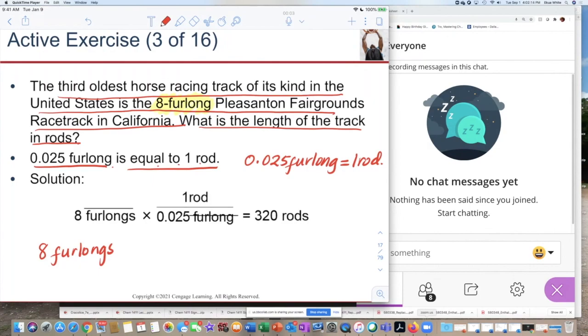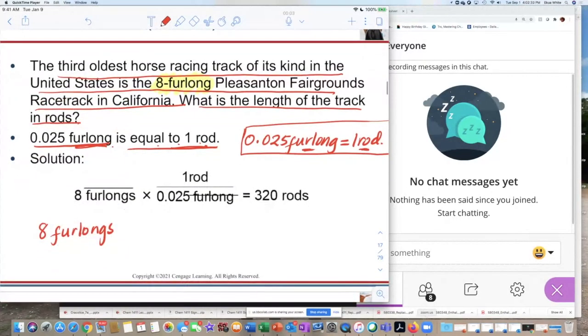Once again, since we're going from furlongs to rod, this is once again the ideal conversion factor. Why ideal? Because in one equality, you have both your given unit and your desired unit. That's what you want to have. Does it always work that way? No, it doesn't. Okay, so you adapt.